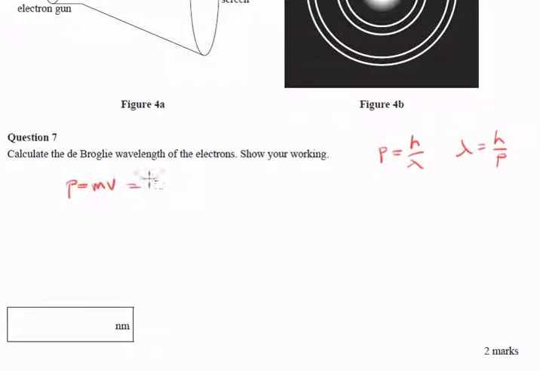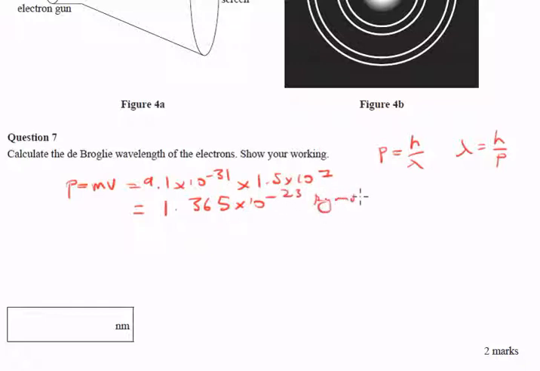In this case it was 9.1 by 10 to the minus 31, and the velocity was 1.5 by 10 to the positive 7, and that gives 1.365 by 10 to the minus 23 kg m s to the minus 1. And then we use this formula here, h over p.